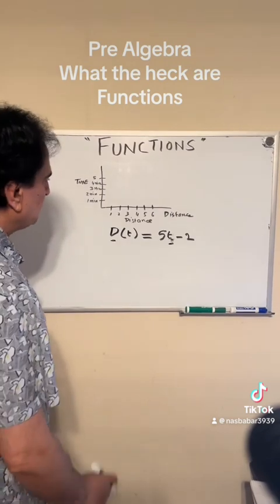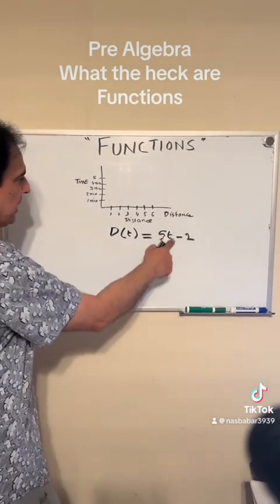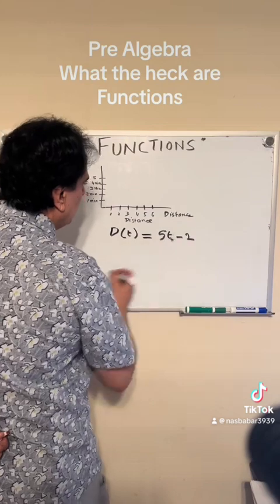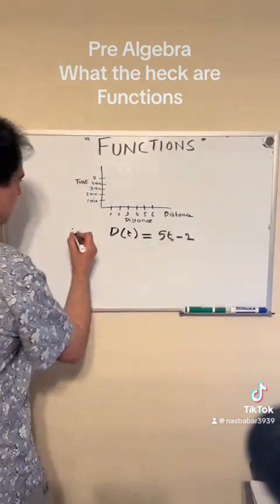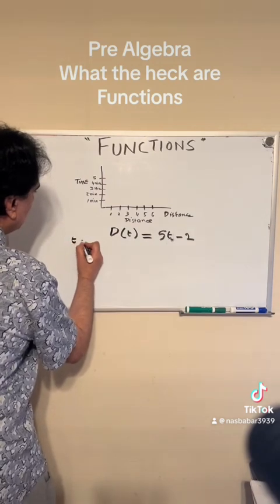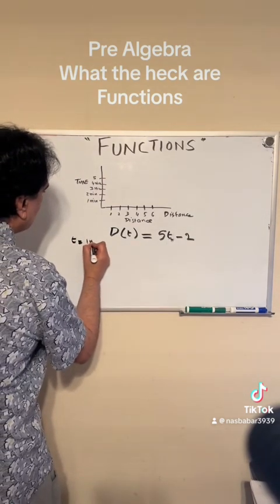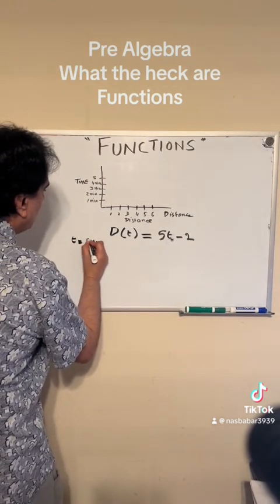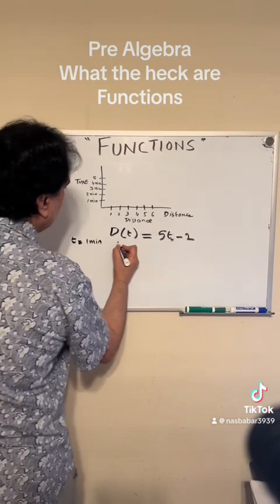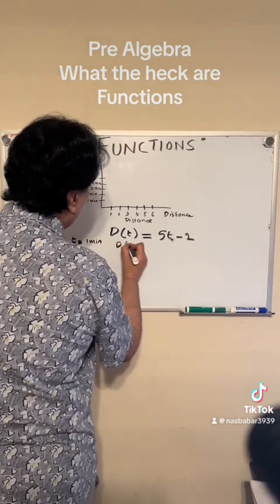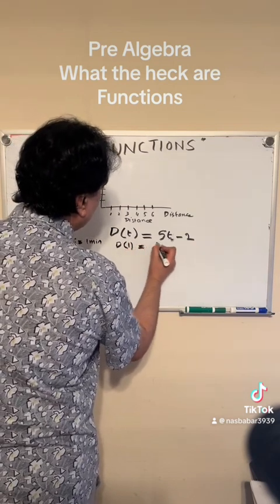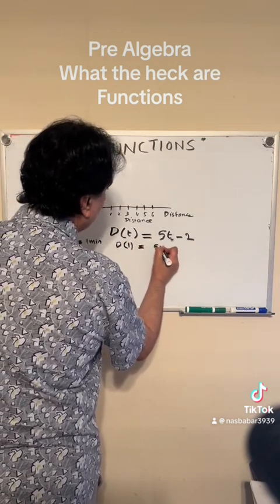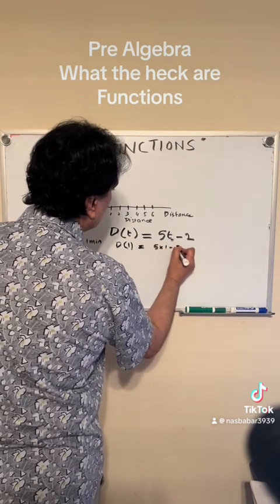So let's say at time 1 minute, t is 1 minute. Then d of 1 will be 5 times 1 minus 2.